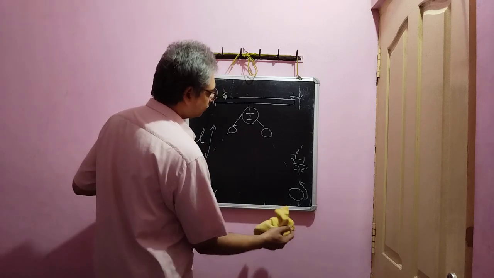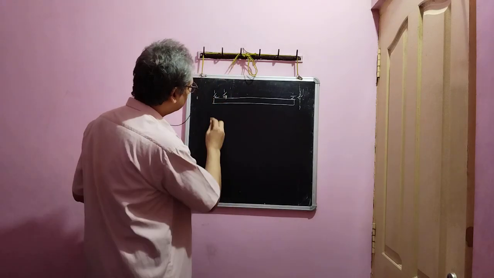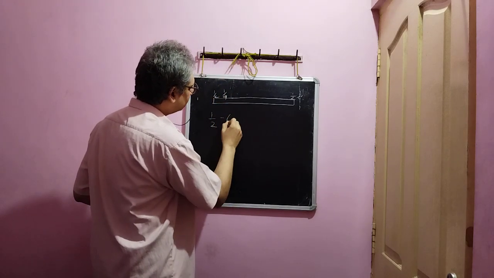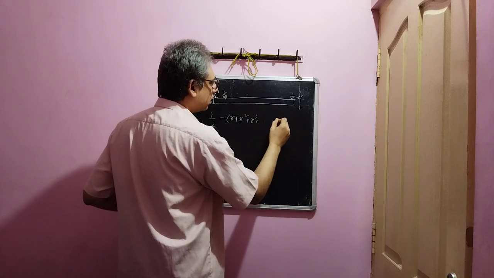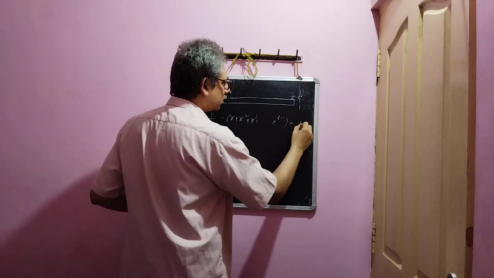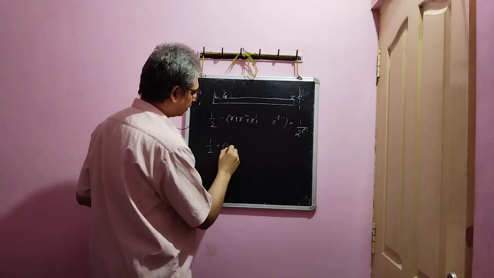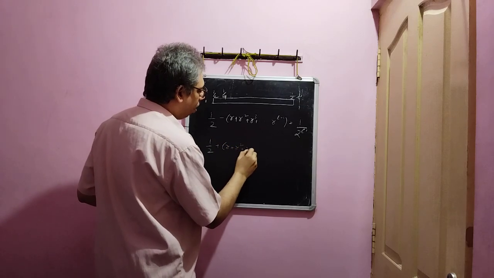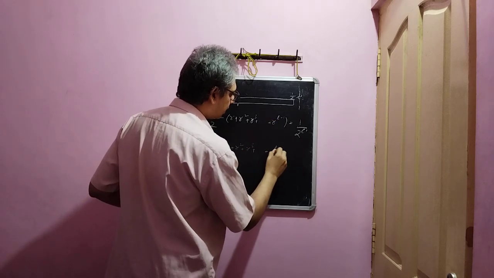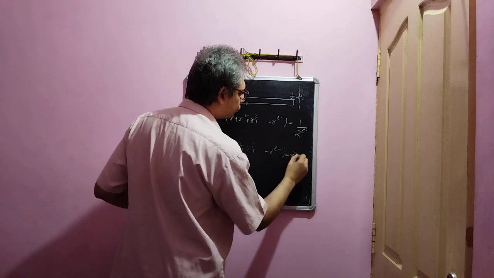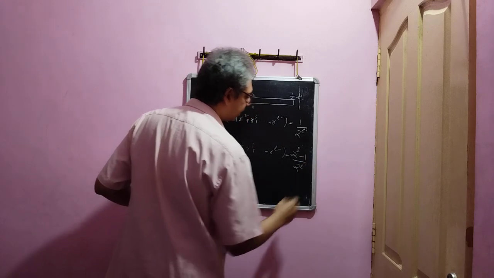So basically we try to determine a value r such that half minus r plus r square plus r cube up to r power l minus 1 is equal to 1 by 2 power l dash, and half plus r plus r square plus r cube up to r power l minus 1 is equal to 2 power l dash minus 1 by 2 power l dash.